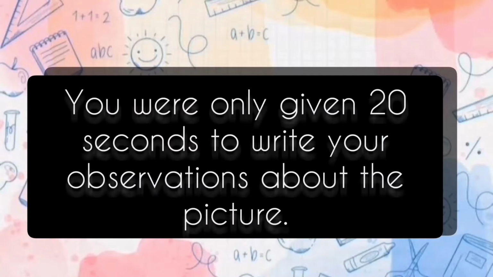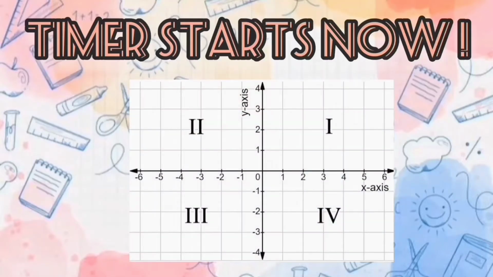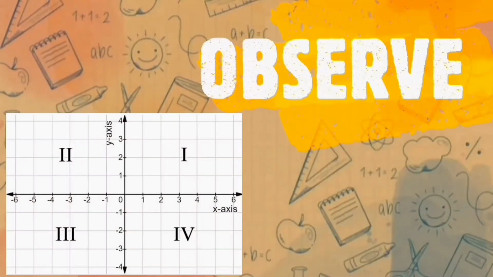You were only given 20 seconds to write your observation about the picture. Your timer starts now. What did you observe about the image?